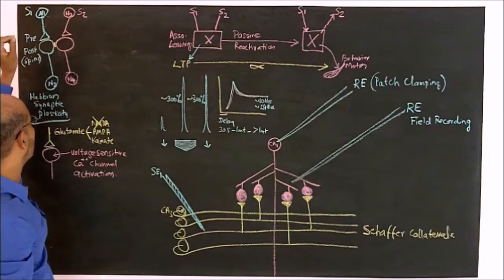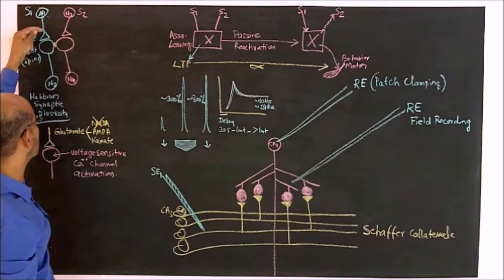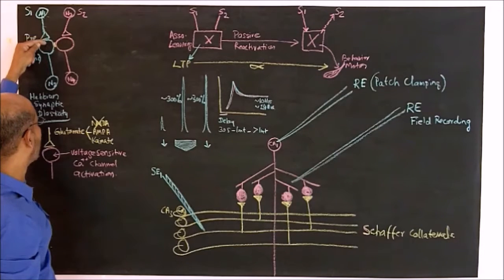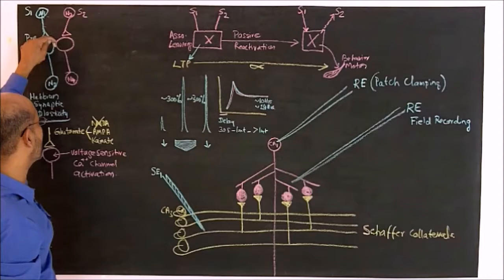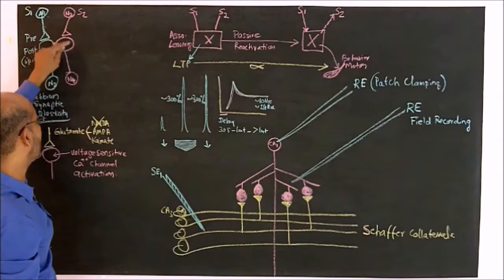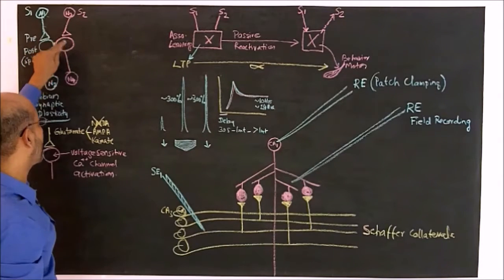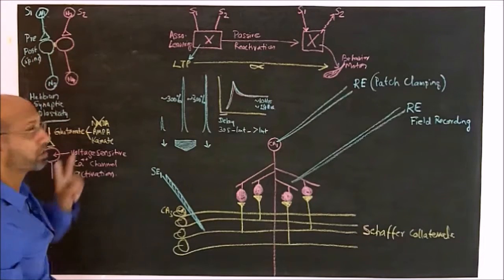At the time of memory retrieval, when stimulus S1 comes as a Q stimulus, it activates the synapse, depolarizes this dendritic spine, and it reactivates the interpostsynaptic functional link and activates the interlinked dendritic spine here. And at this time, two things are going to happen.